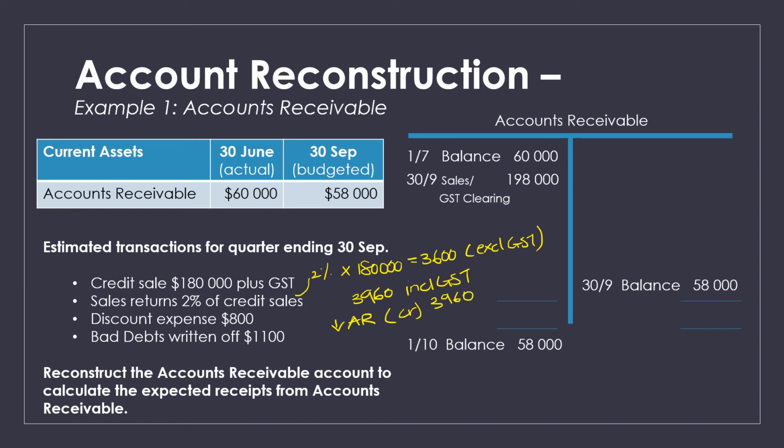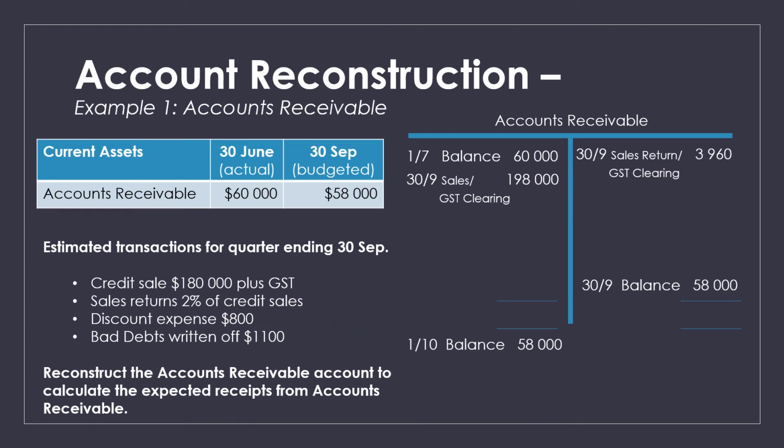So on the credit side of the accounts receivable ledger account, we write $3,960 with the cross-reference sales returns and GST clearing. And this is for the quarter ending 30th of September.